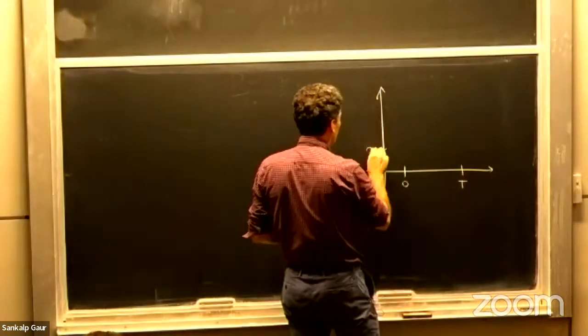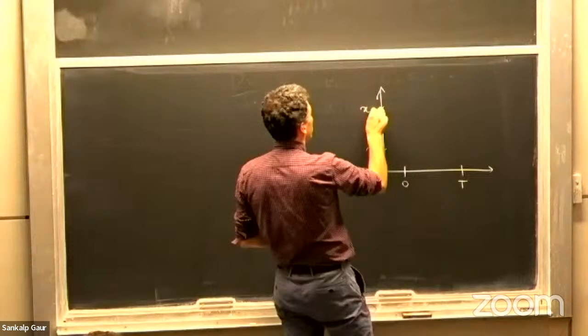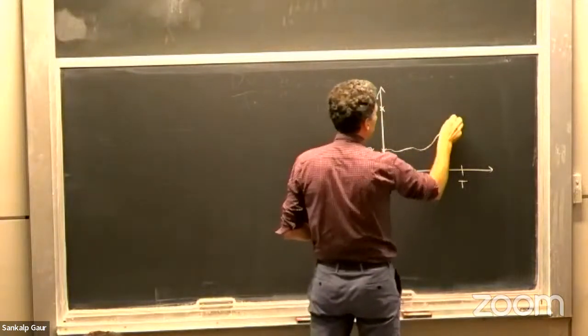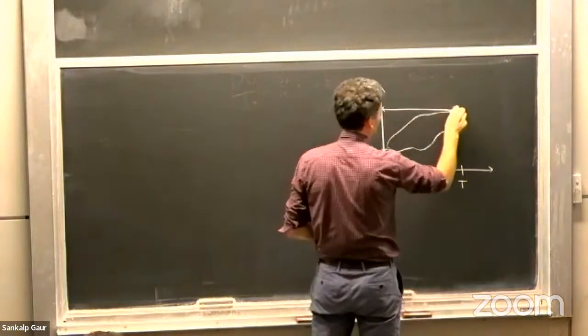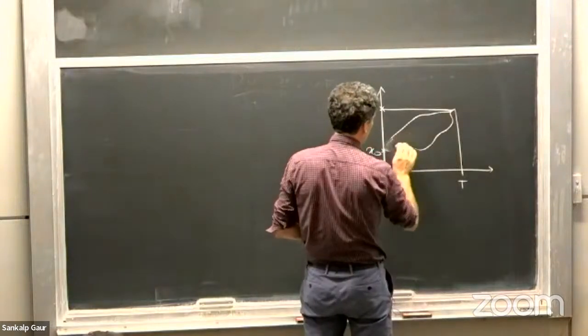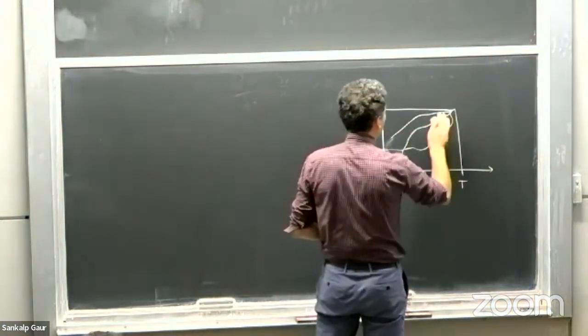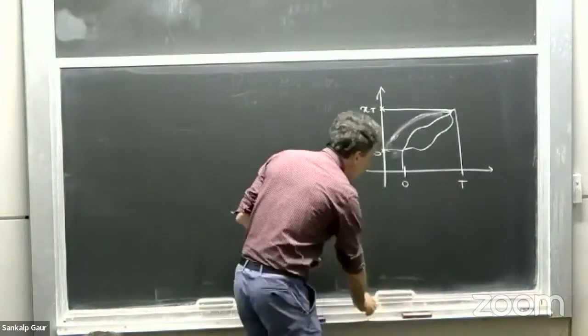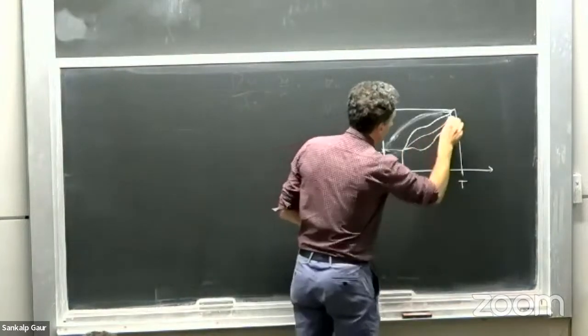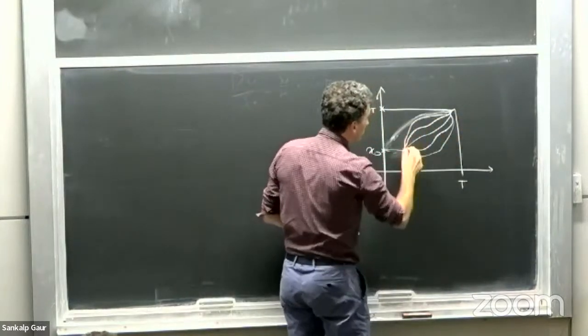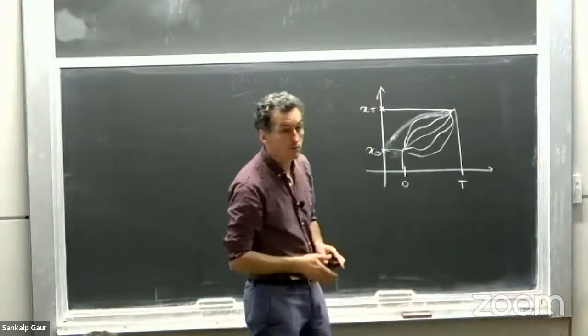So you start from x0, you know that you are at xt, and you can take any path you like. Any path is allowed, but for each of these paths, you know its probability.